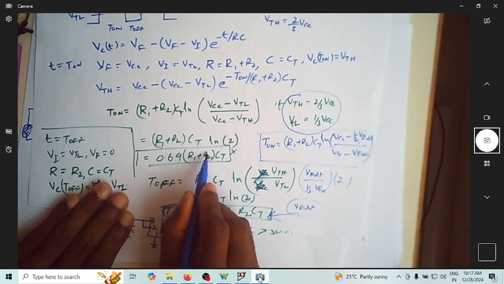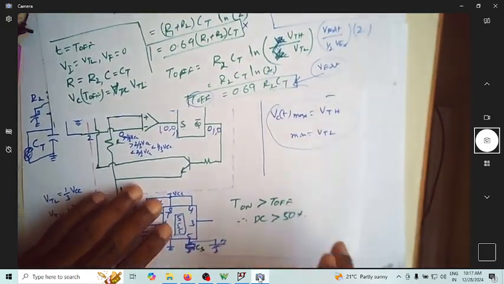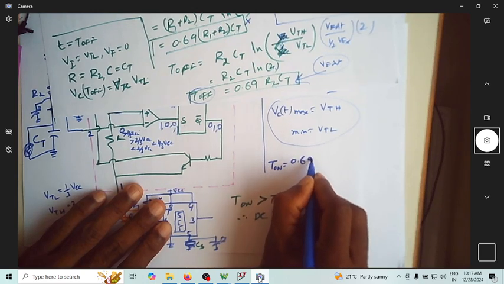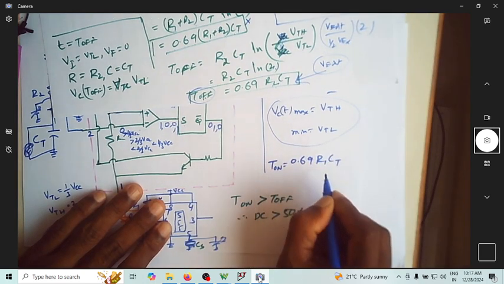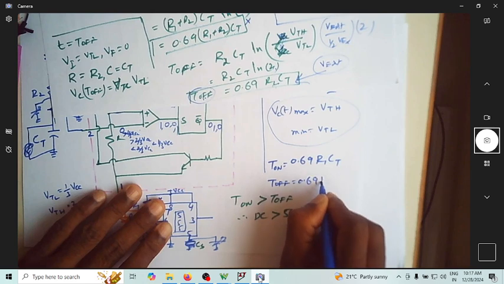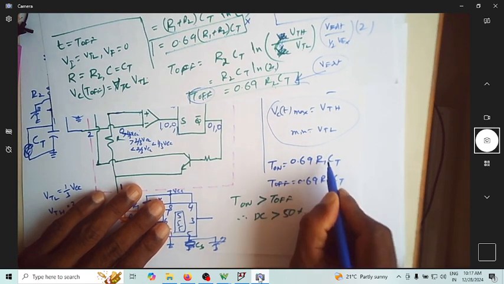The moment you put a diode bypassing this, the equation now becomes T on is equal to 0.69 R1 CT, T off is 0.69 R2 CT. So it's only R1, it's only R2.